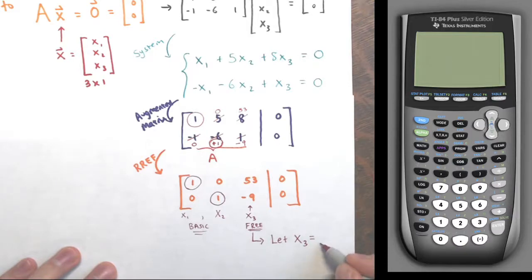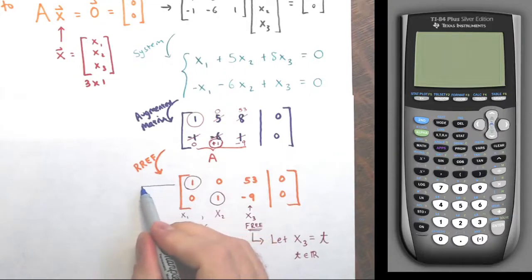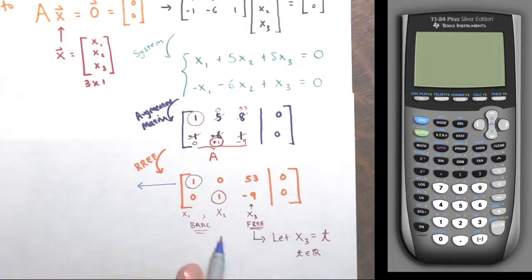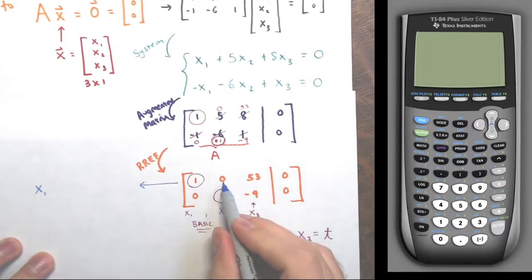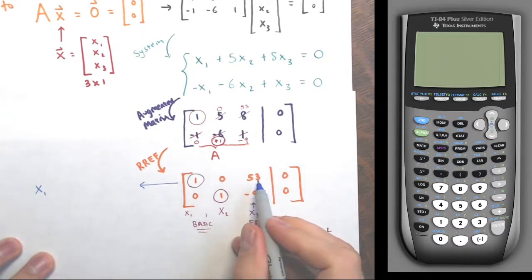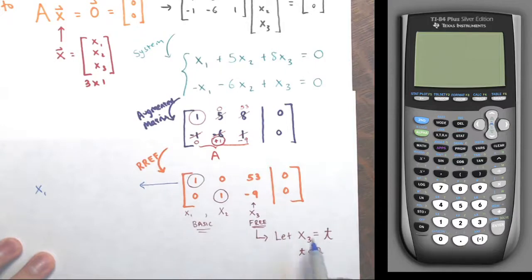Usually it's just a letter T for me, right? T or S or R. So I'm going to replace x3 with T, where T can be any of the real numbers, right? T belongs to the reals. Alright, so then looking at the first row here, first row tells me that x1 plus, no x2, and then plus 53x3, or 53t.